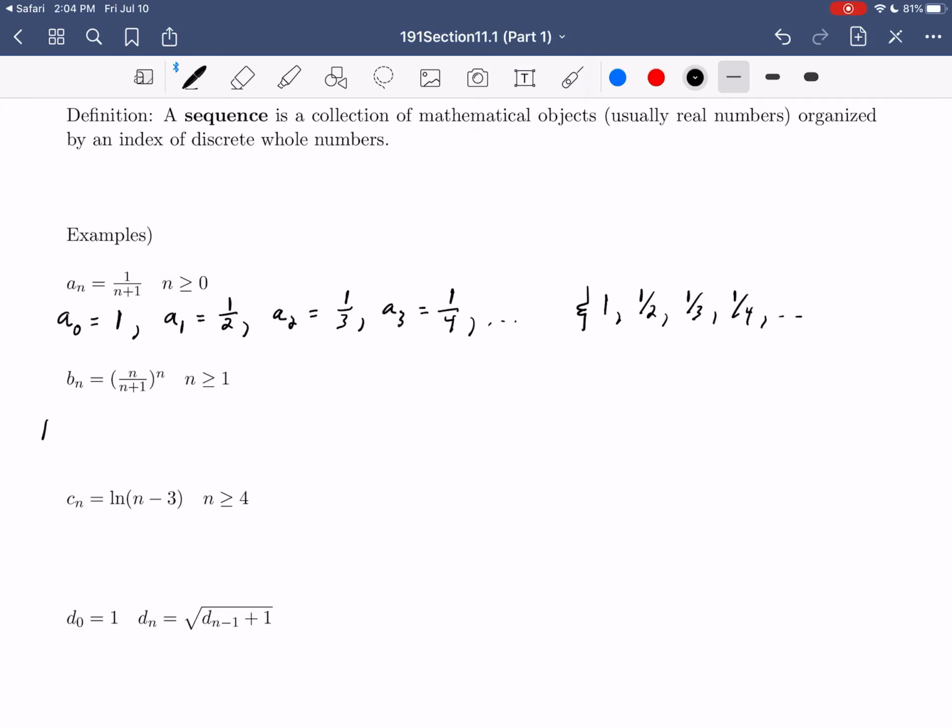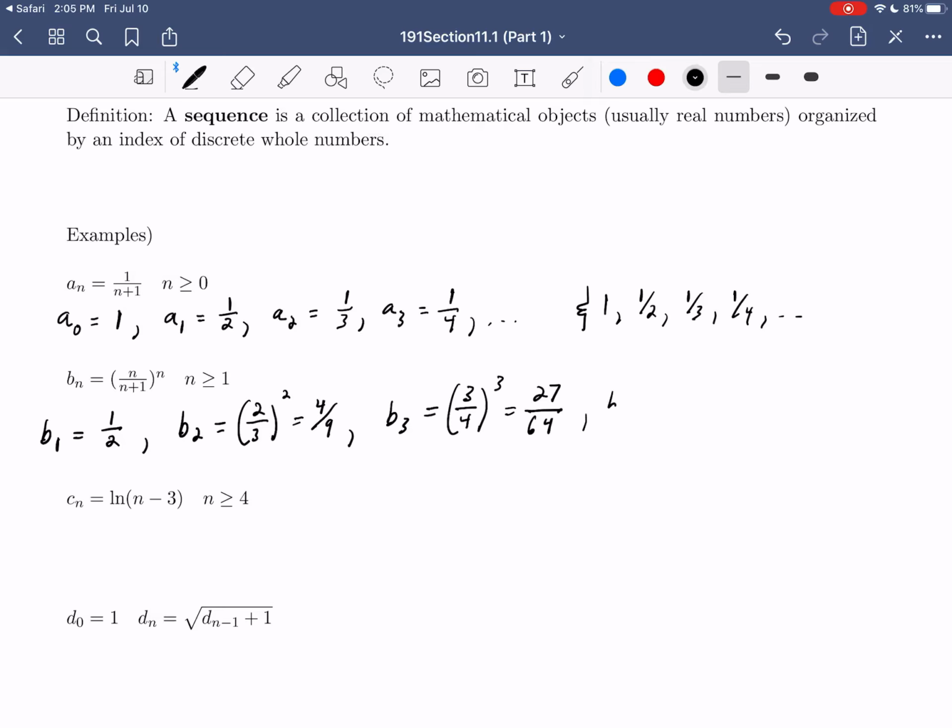In this case, we'd have b sub 1, which would be 1/2. And then b sub 2 would be 2/3 squared, so that would come out as 4/9. And b sub 3, if we plugged in 3, would be 3/4 cubed, so that'd come out as 27 over 64.